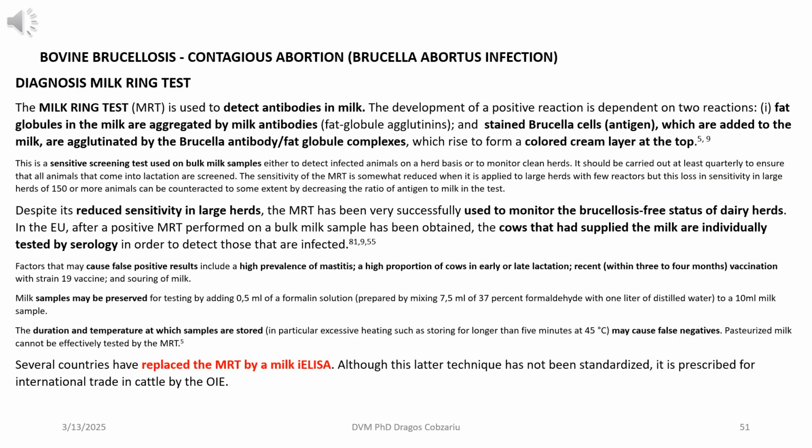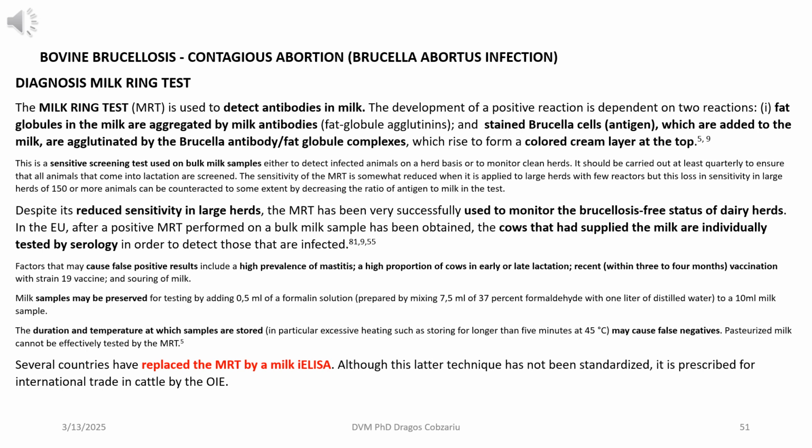The milk ring test is used to detect antibodies in milk. The development of a positive reaction is dependent on two reactions. Fat globules in the milk are aggregated by milk antibodies, fat globule agglutinins, and stained Brucella cells, antigen, which are added to the milk, are agglutinated by the Brucella antibody, fat globule complexes, which rise to form a colored cream layer at the top.